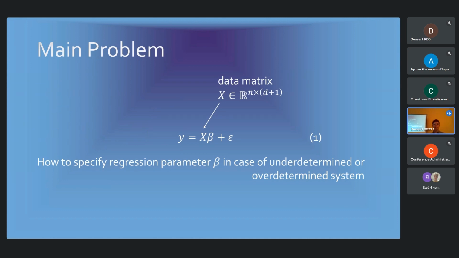Here we have the X, which is the design matrix, or data matrix, as we also call it, which is an n by d plus 1 matrix. And we also have the regression parameter, which is what we intend to calculate, which is a vector with dimensions d plus 1 by 1.